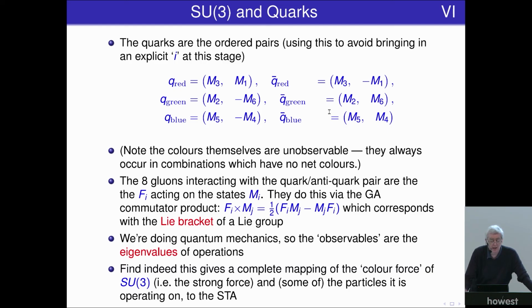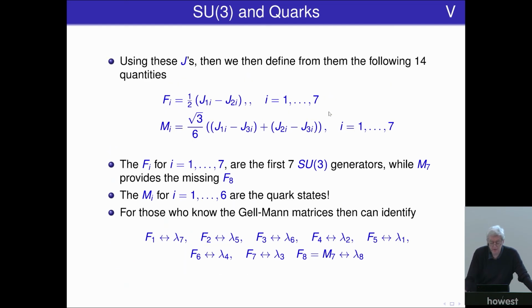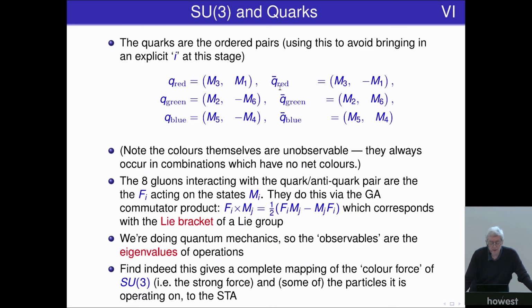And how do the gluons, which are these things here, these are the 8 gluons, how do they interact with the particles? They just operate on them directly via the usual GA product. So what you find, sorry, I rushed that bit because I really do want to finish.